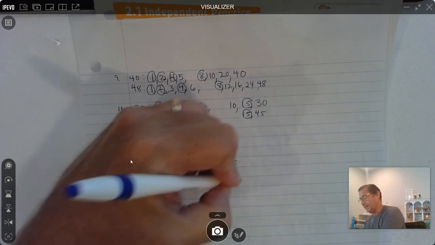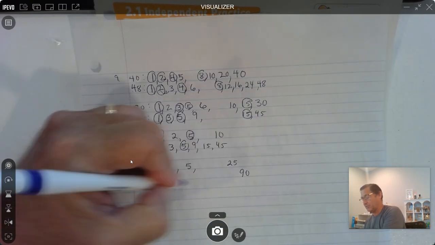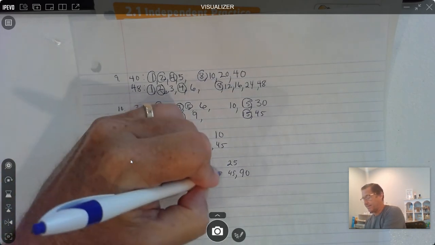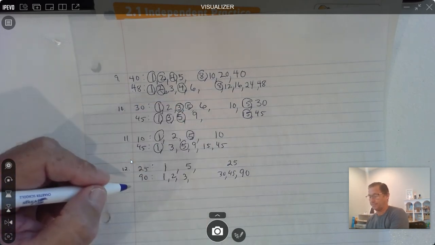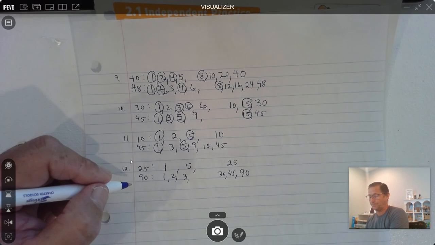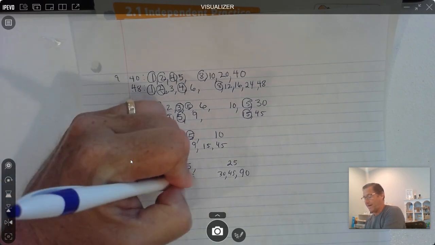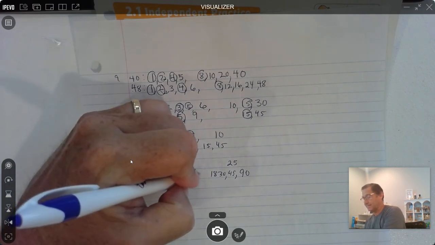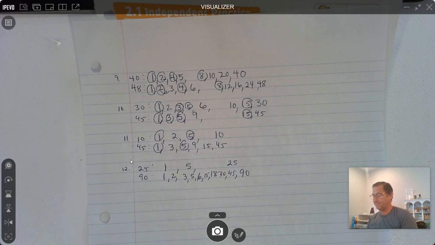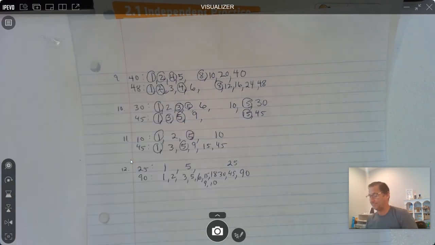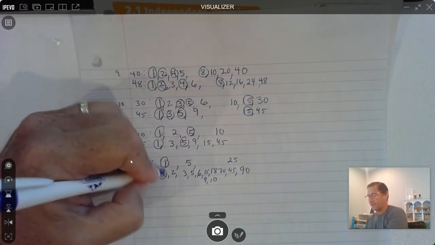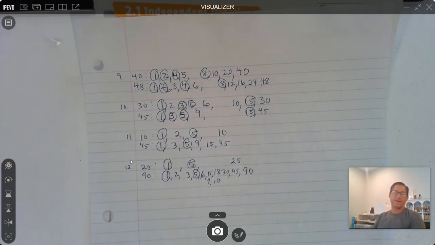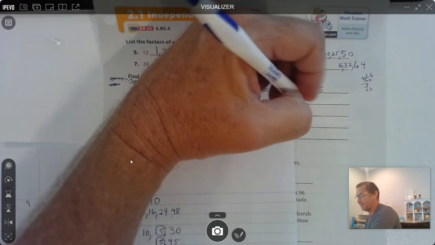Factors of 90 are 1 and 90, 2 and 45, 3 and 30, 5 and 18, 6 and 15, and 9 and 10. Common factors are 1 and 5. So the greatest common factor of 25 and 90 is 5.